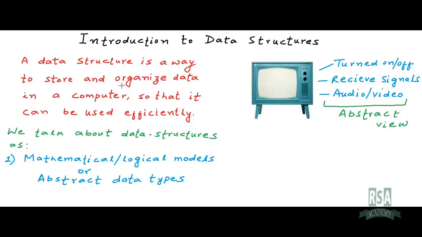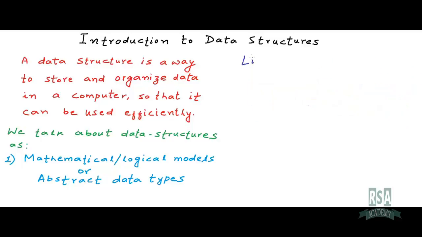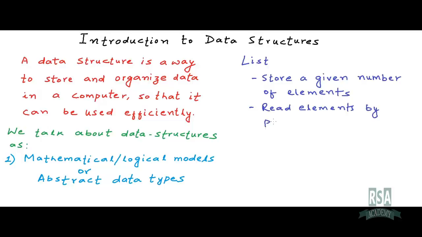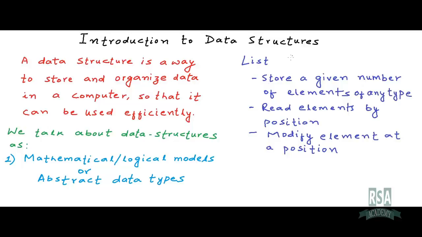An example of abstract data type can be, I want to define something called a list that should be able to store a group of elements of a particular data type, and we should be able to read the elements by their position in the list, and we should be also able to modify element at a particular position in the list. I would say store a given number of elements of any data type. So we are just defining a model.